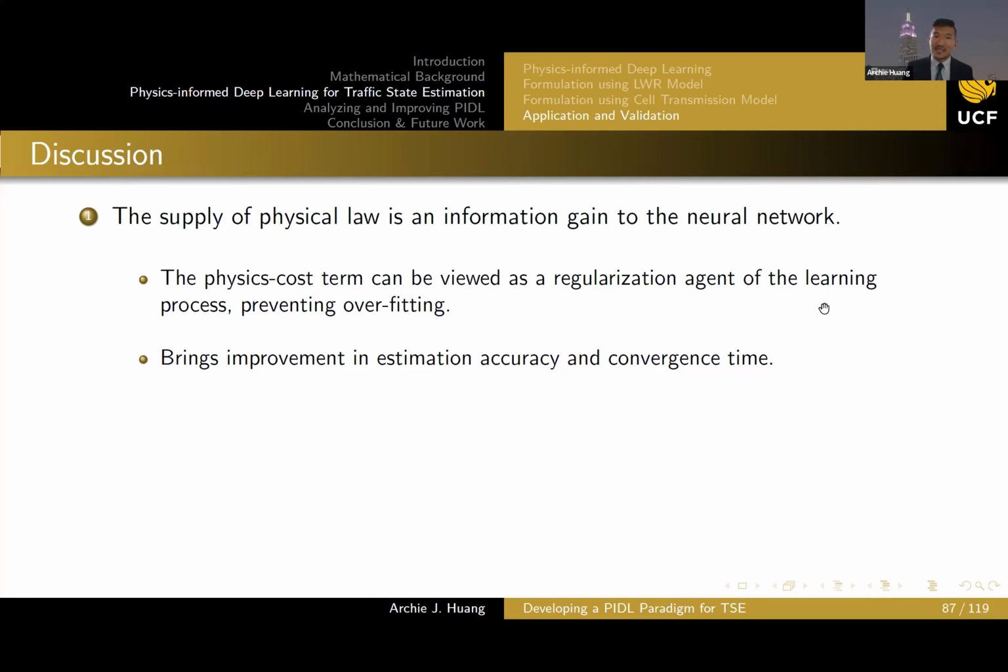In that sense, the physics cost term can be viewed as a regularization agent in this optimization process and prevents overfitting, which is shown in the case study with the NGSIM dataset, where DL is just overfitting the traffic observations. And this information gain brings improvement in both estimation accuracy and shortening convergence time.